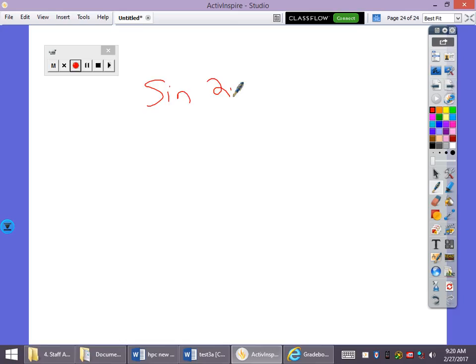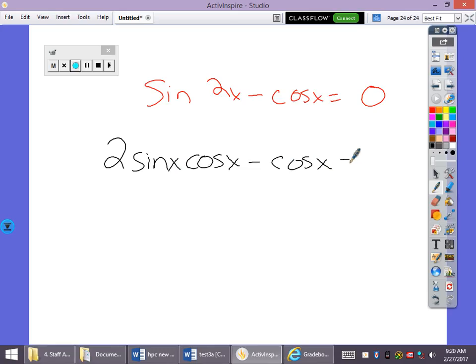Sine 2x minus cosine x equals 0. What can I rewrite? Sine 2x, what is it? 2 sine x cosine x minus cosine x. Now, here is a case where I'm going to go ahead and factor, because I only know how to rewrite cosine squareds and sine squareds.